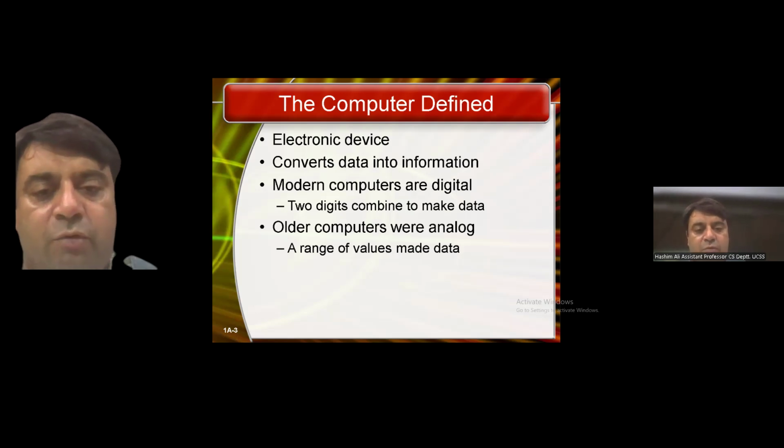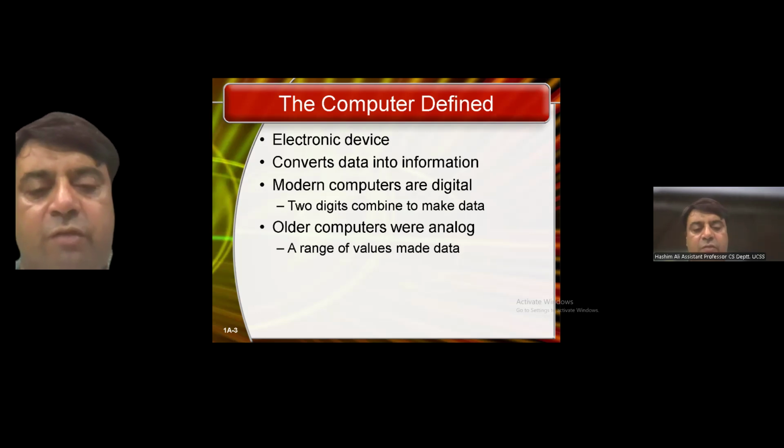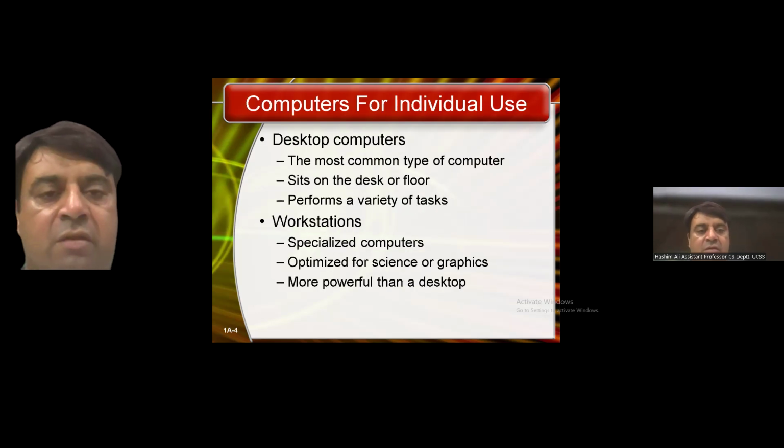So modern day computers are using the digital form of data, while the older computers were using the analog form of the data. Modern computers are using the binary version, and the older ones were using a range of values in the form of analog values.